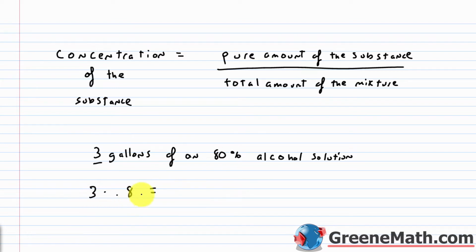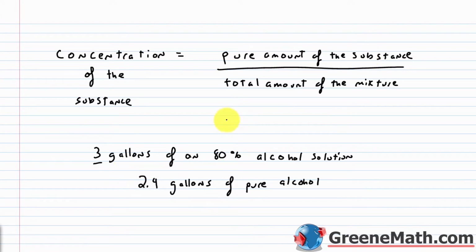Well, 3 times 8 is 24, and I have 1 decimal place between the two factors. So this is 2.4. And think about your units there, it would be gallons. So basically, 3 gallons of an 80% alcohol solution is 2.4 gallons of pure alcohol.